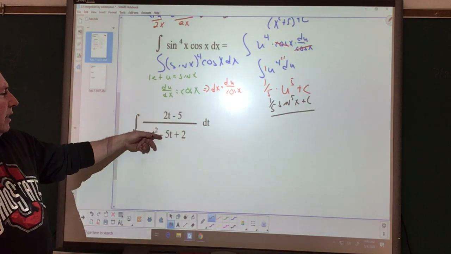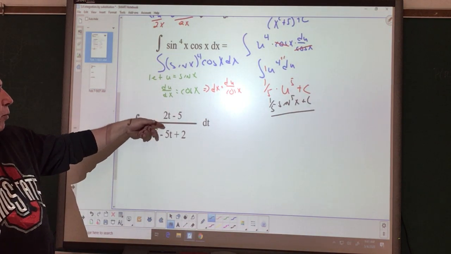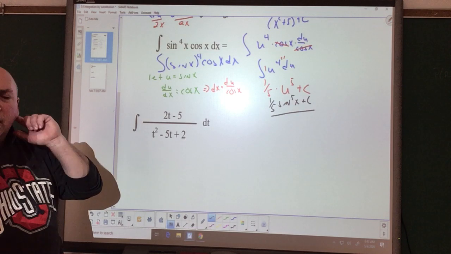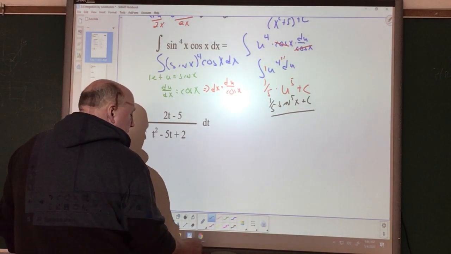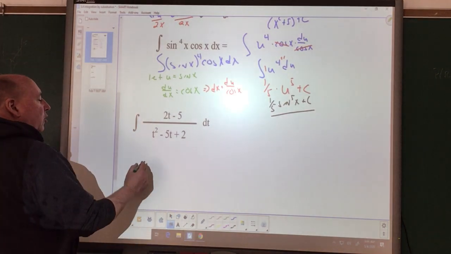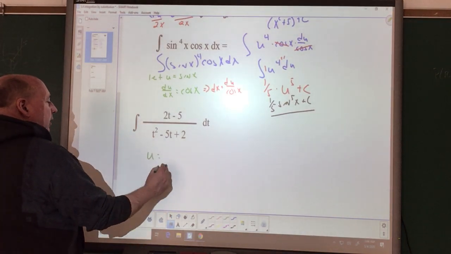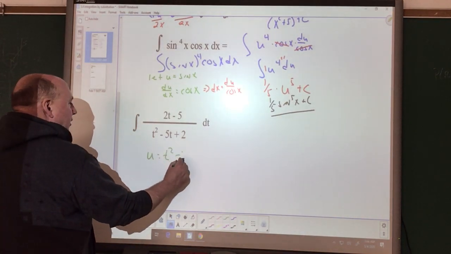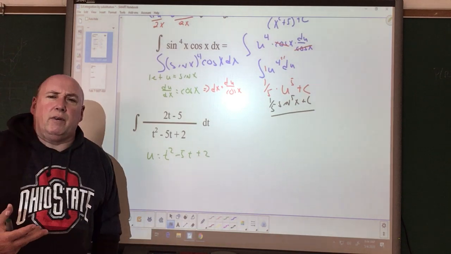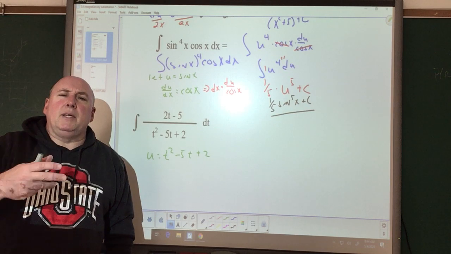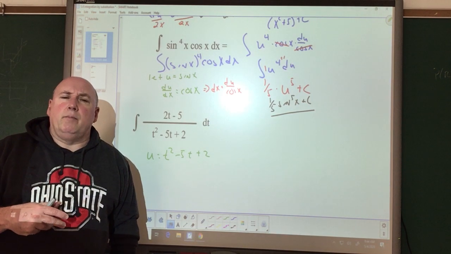So when I'm looking at this, I want to be able to choose one of these to be equal to u. Well, let's let u equal t squared minus 5t plus 2, because we're going to be taking the derivative of this, so we're going to be decreasing our degree by 1.